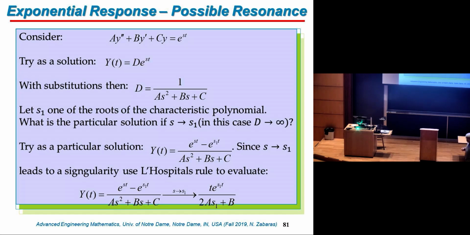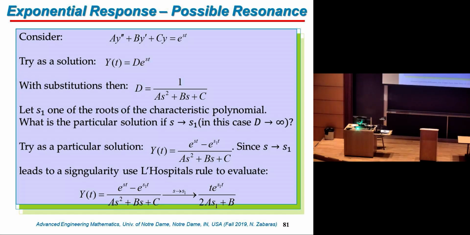What will be the answer for a when you plug it into the equation? So give me what a is going to be. Or I call it d, will be this. Right? Now, let's take an extreme situation where this s on the forcing term, the frequency of the forcing term, is the same as one of the solutions of the characteristic polynomial.